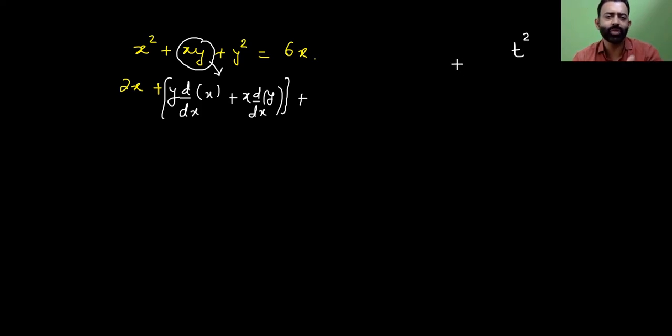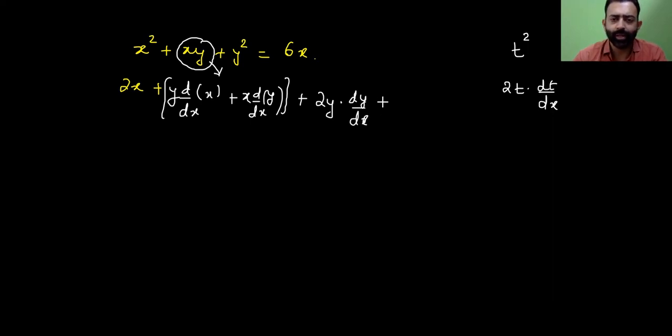You first differentiate with respect to t, so you get 2t, and then you differentiate t with respect to x by writing dt by dx. This we have done in the chain rule. Similarly, the chain rule will be applied for y square. First differentiate y square with respect to y, whose value will be 2y, and then y will be differentiated with respect to x, so just write dy by dx.